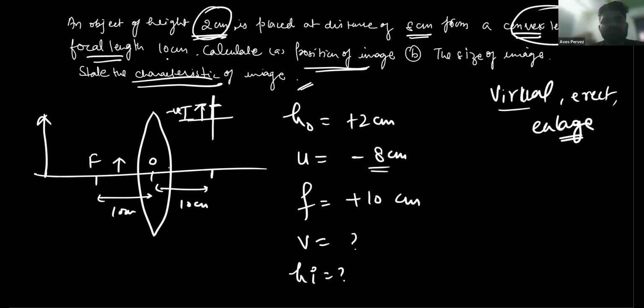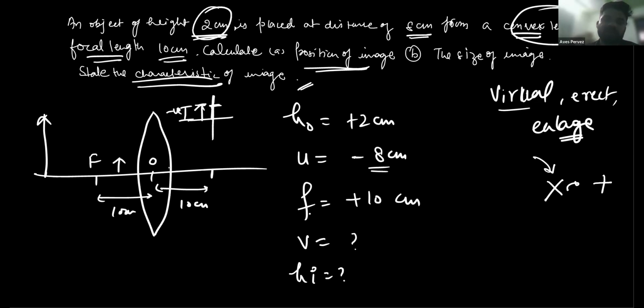And here you have the focal length of 10 centimeter. It is given for a convex lens, so tilt it a little bit and it will give you a positive sign. Keep in mind always that either a convex lens or a convex mirror, both have a positive focal length.